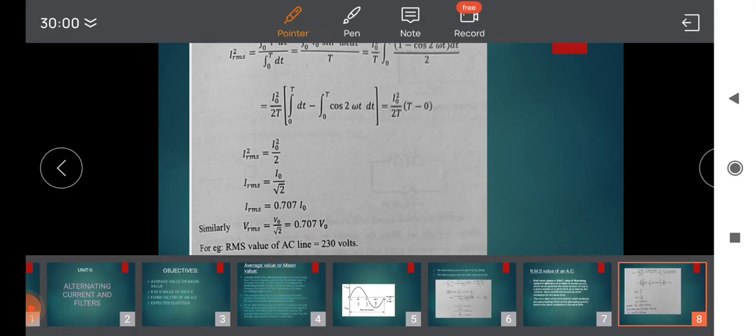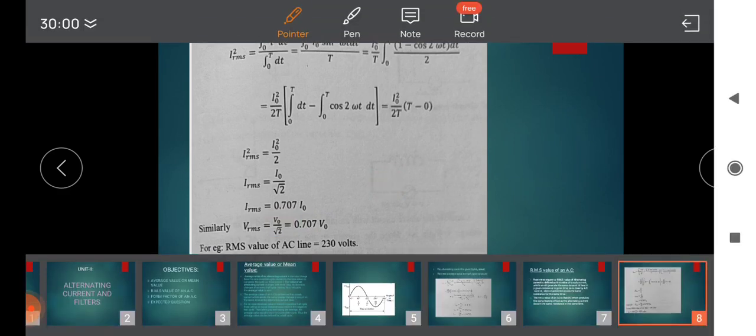Then V naught, the peak value of the voltage, can be written as 230 into root 2, that means 325 volt. Here the peak value of the current is greater than the RMS value of the current, or the peak value of the voltage is always greater than the RMS value.